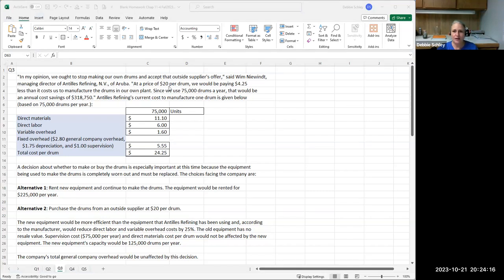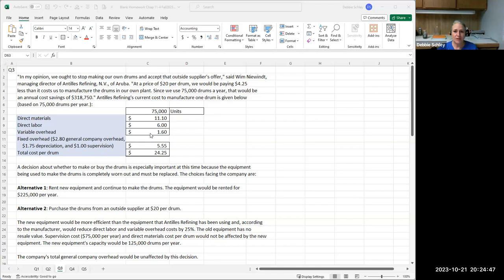At a price of $20 per drum, we would be paying $4.25 less than it costs us to manufacture the drums in our own plant. Since we use 75,000 drums a year, that would be an annual cost savings of $318,750.